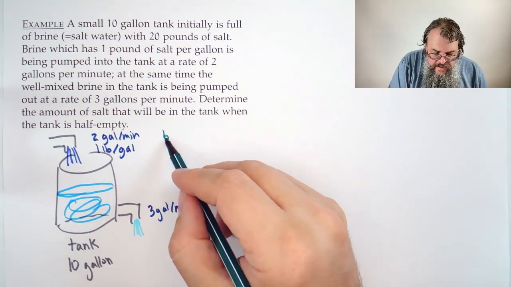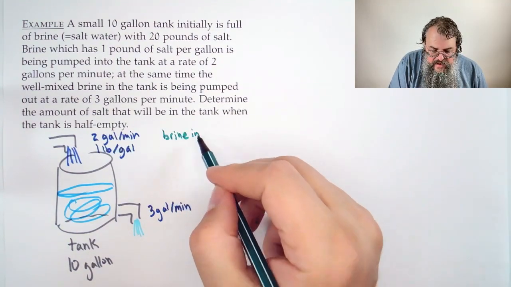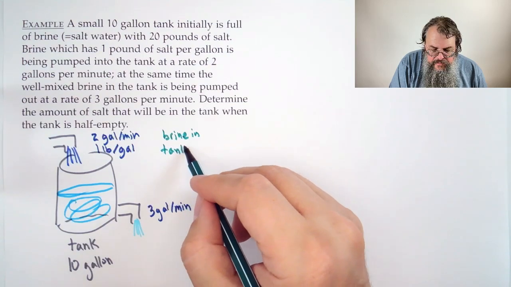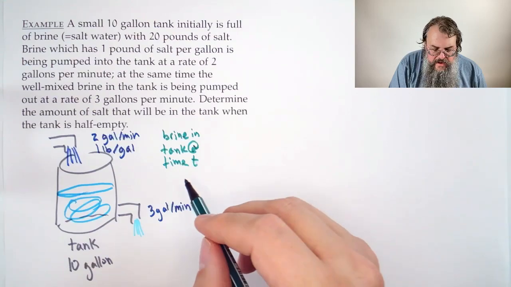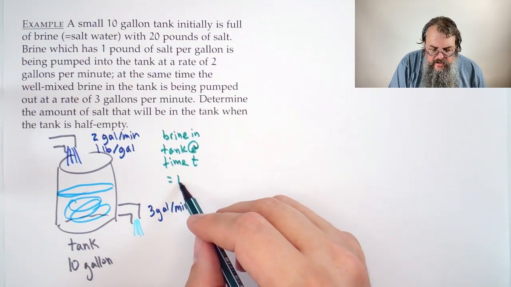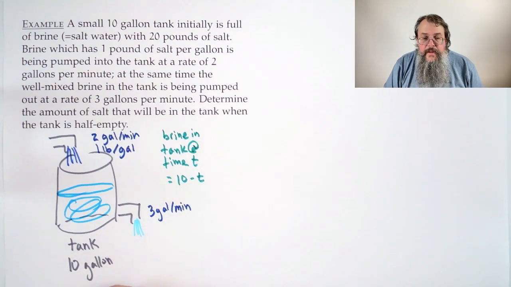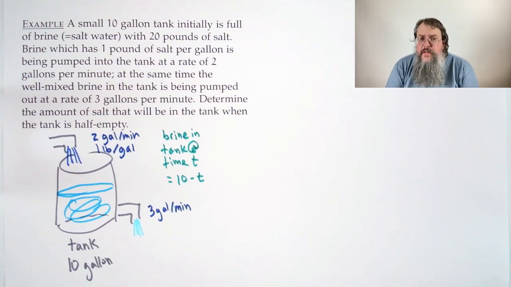So the brine in the tank at time t, in other words, time is how long we've been going, is 10 minus t. That'll come up in our equation. It's important to know how much fluid is in the tank at any given time. That does play a role.